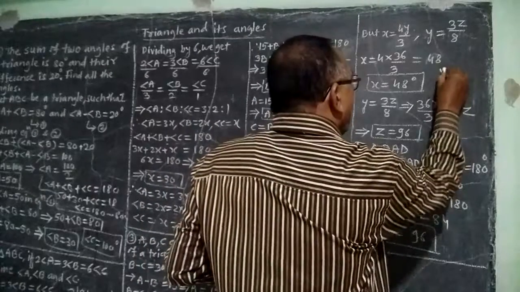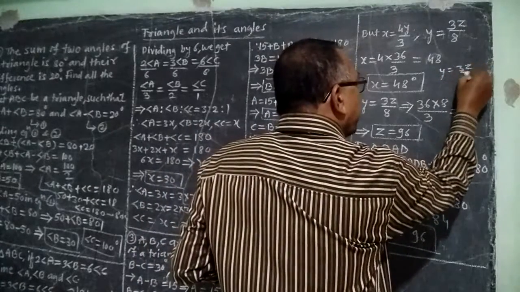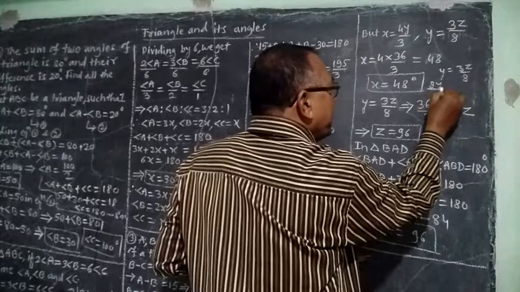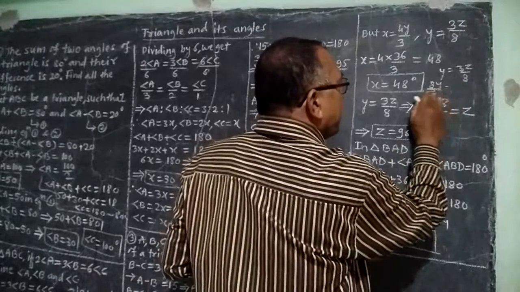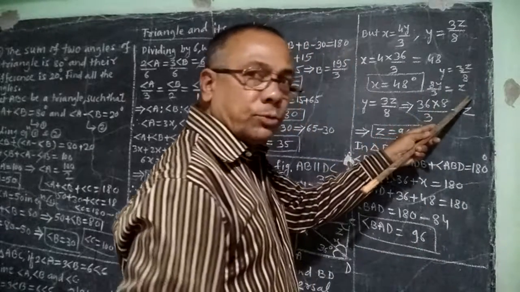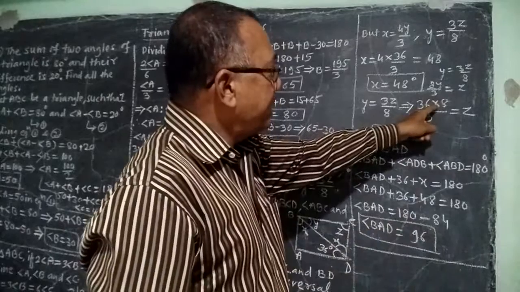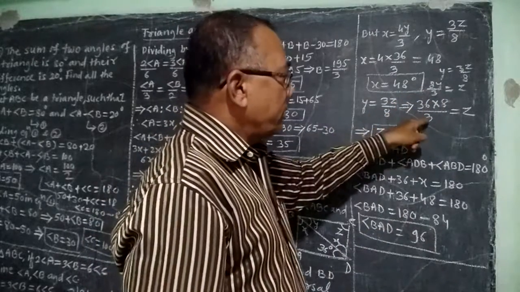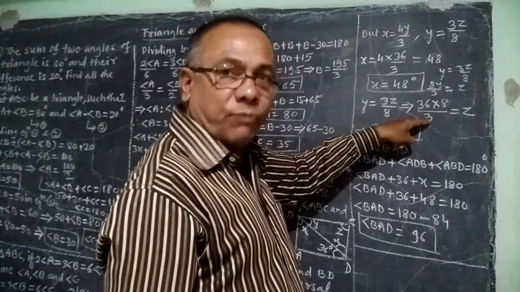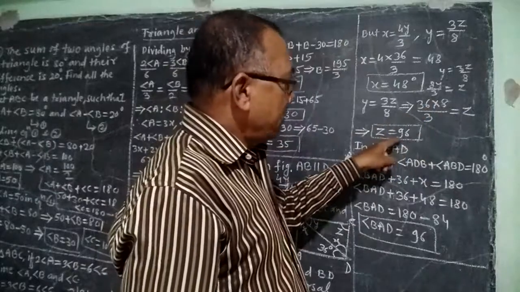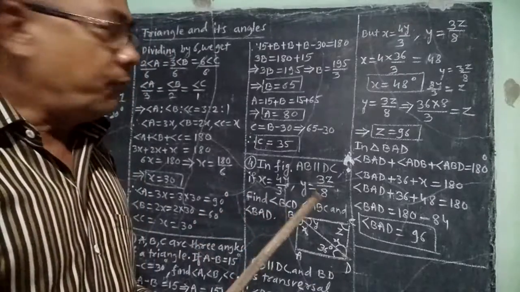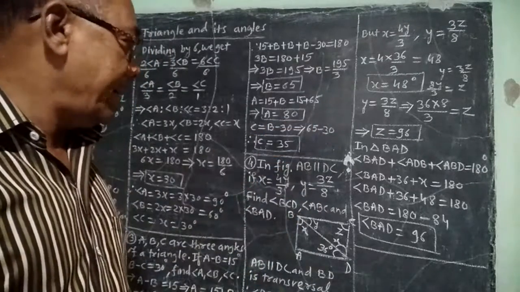It is given that y is equal to 3z upon 8, and therefore z is equal to 8y upon 3. Now if we substitute 8 into y, which is 36, divided by 3, it is equal to z. Here 36 divided by 3 is 12 again. So 12 eights are 96. So the value of z is 96. In this way we find the values of x, y and z.